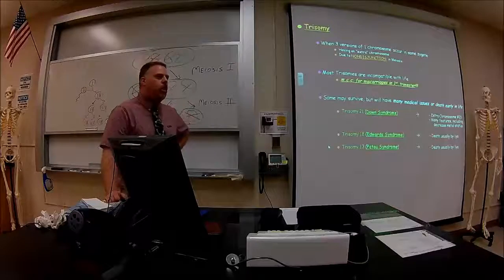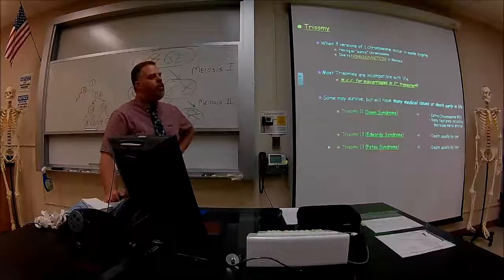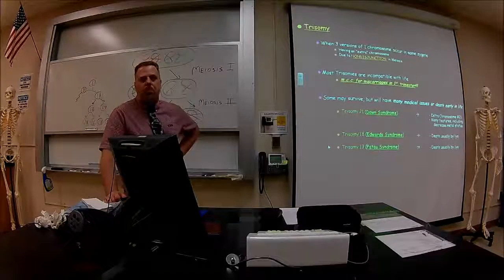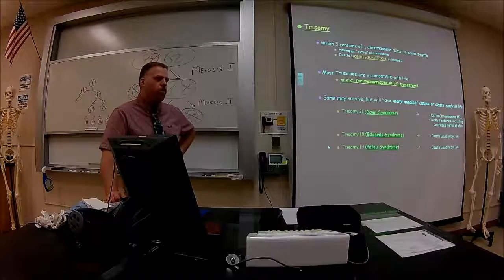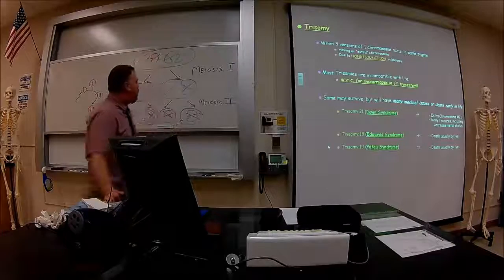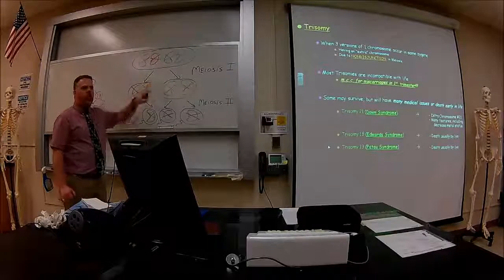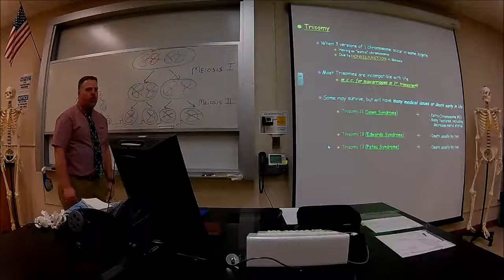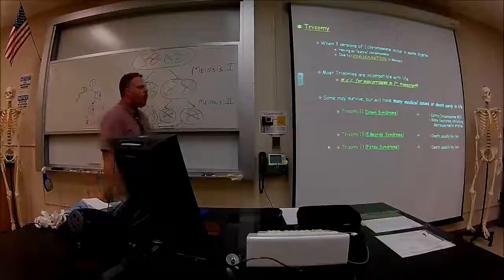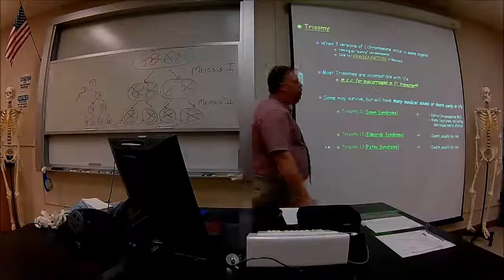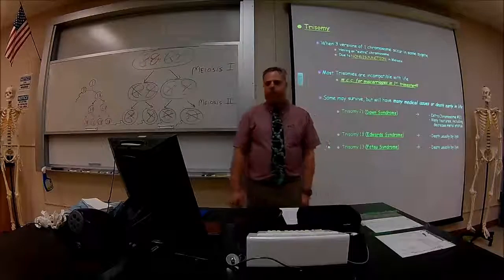What is non-disjunction? What's the most common cause of miscarriages? What would be your definition of non-disjunction? Non-disjunction is that the separation of chromosomes does not occur correctly in meiosis. Okay? So you have an extra chromosome that's going to happen.